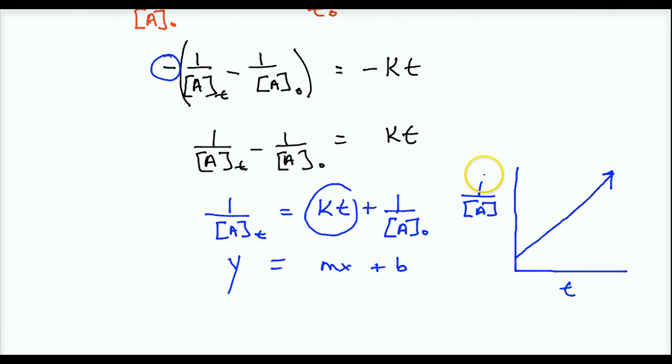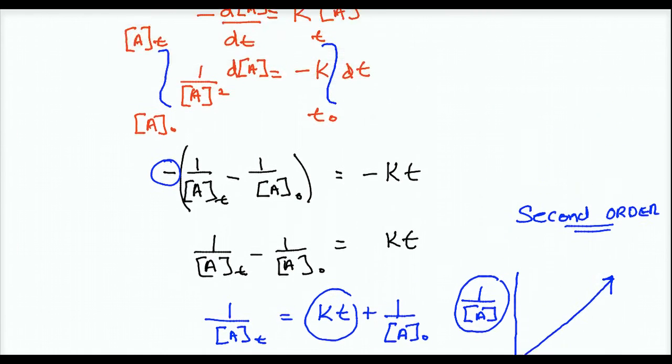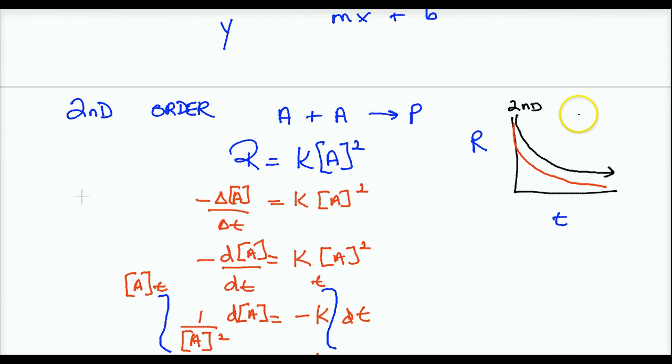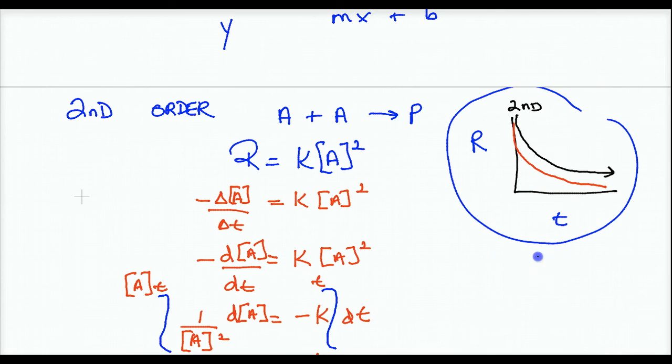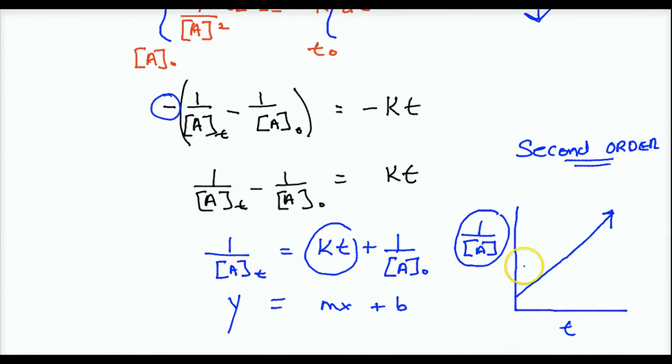So if you get a positive slope and your y-axis is 1 over A, we know immediately this must be second order. So we can use graphical analysis to figure out our orders. We don't have to look at the experiment in terms of changing initial concentrations. So this is our derivative. And you take the derivative and you integrate it, the rates, you get how much? And look at that.